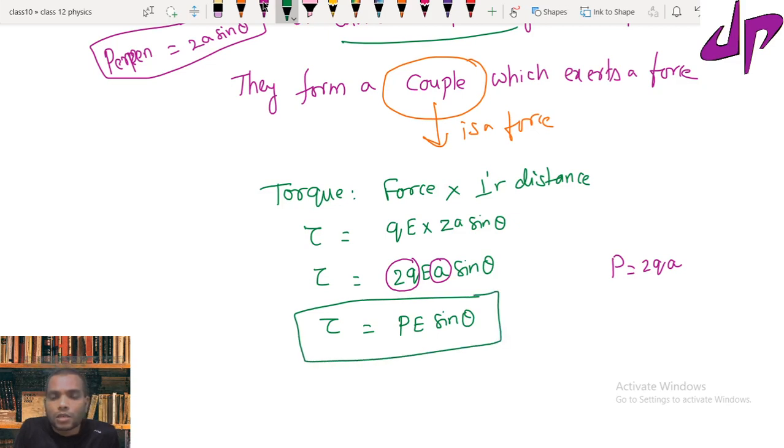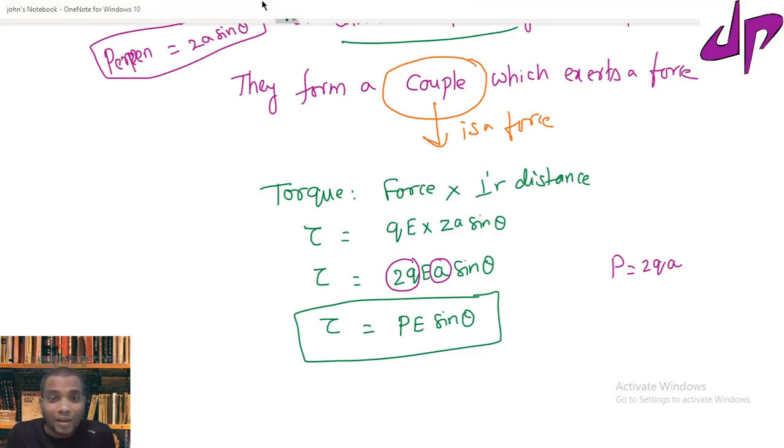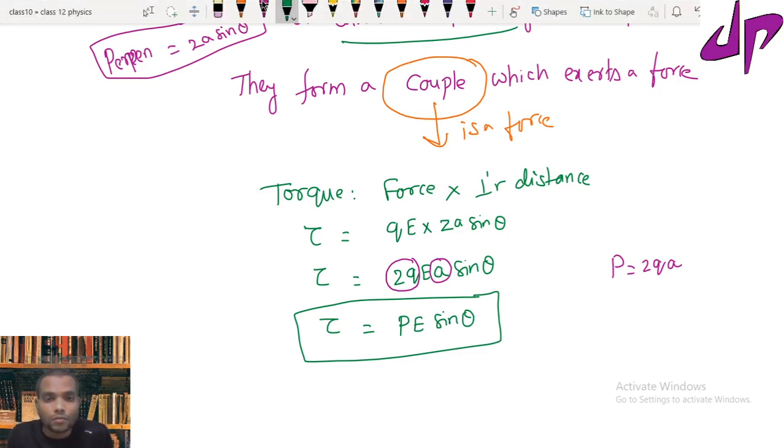So this is the torque relation in an electric field. So the torque causes the dipole to rotate. Now what is the direction of this torque? If you can see properly here, the electric field is also having direction and the dipole moment also having direction.